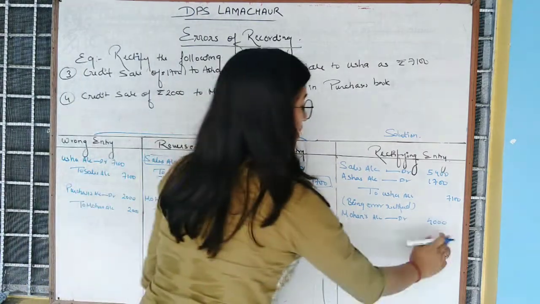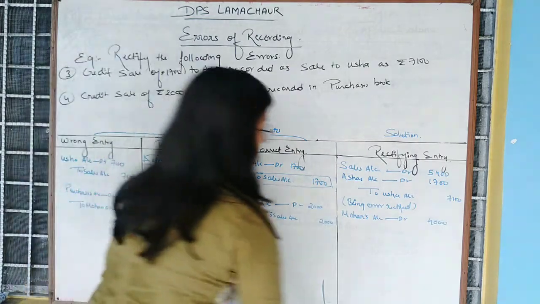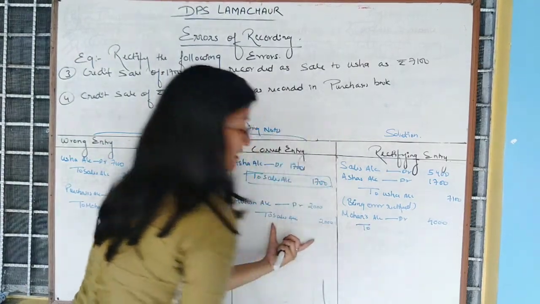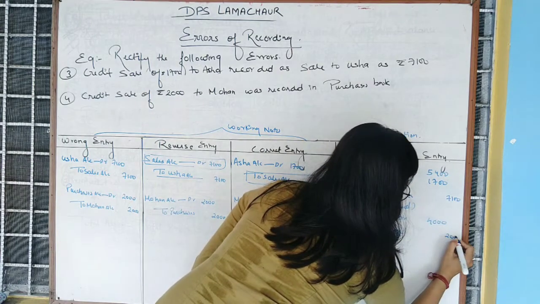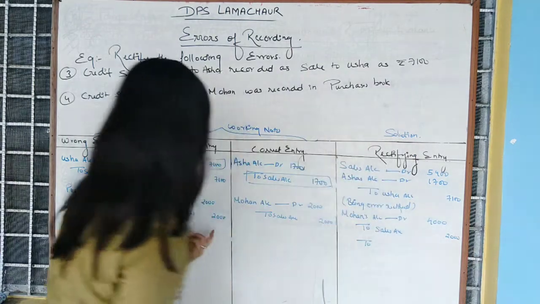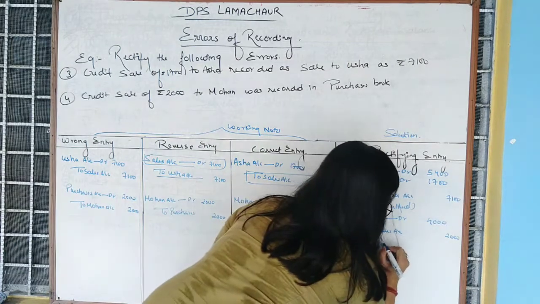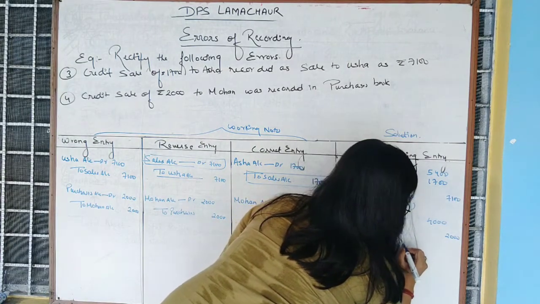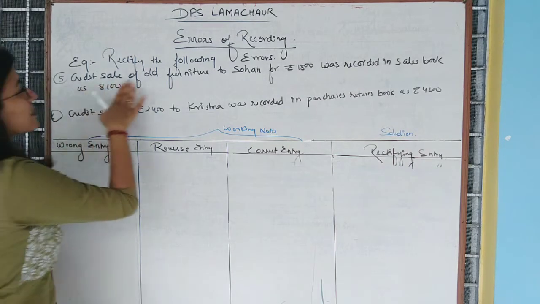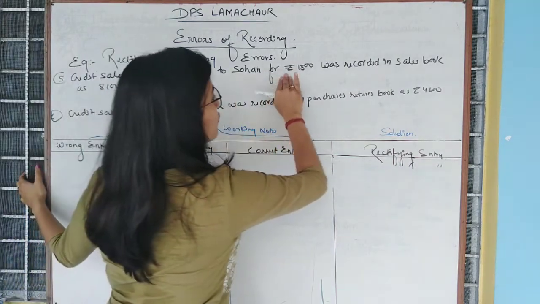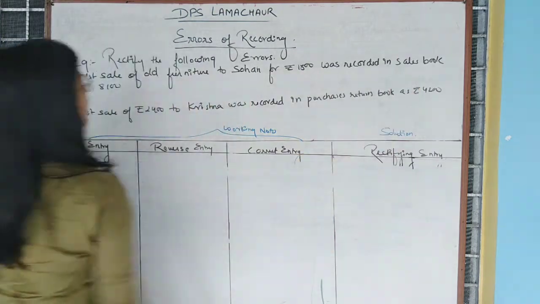So 2000 plus 2000 is 4000. To sales account 2000, and to purchases account 2000.